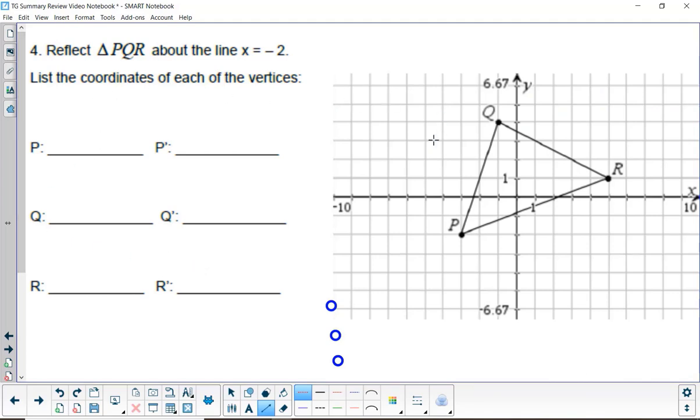Number 4, reflect this triangle about the line x equals -2. So x equals -2 is a vertical line, so it would look like this. And then I will be going in the opposite direction perpendicular to that. So Q prime would be along this line, P prime would be along this line, and R prime would be along this line.